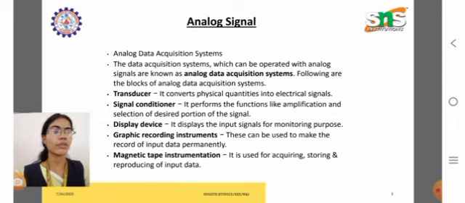It performs functions like amplification and selection of the desired portion of the signal. Display devices. They display the input signals for monitoring purposes. Graphic recording instruments. These can be used to make a permanent record of input data. Magnetic tape instrumentation. It is used for acquiring, storing, and reproducing input data.